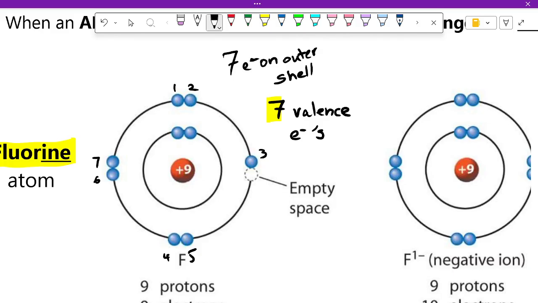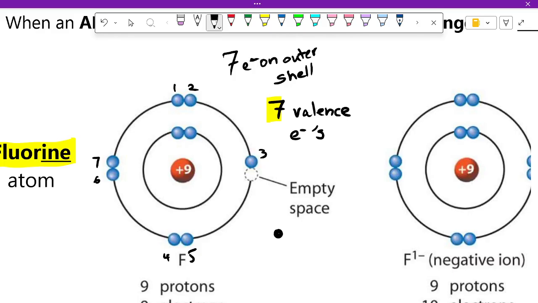If it loses one, it's going to have 6. Does it want to have 6? No, it wants to have 8. It has 9 electrons, but 2 of them are in the inner shell, and we don't worry about those ones. Because the inner shell is full, we just want to leave it alone, because full is good.